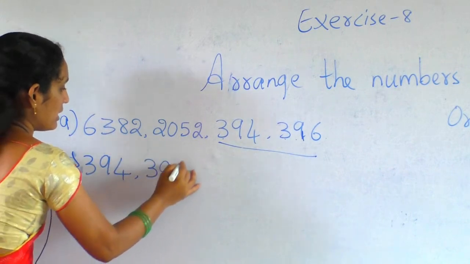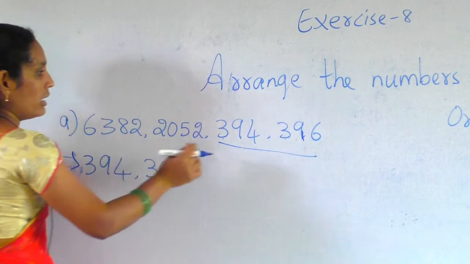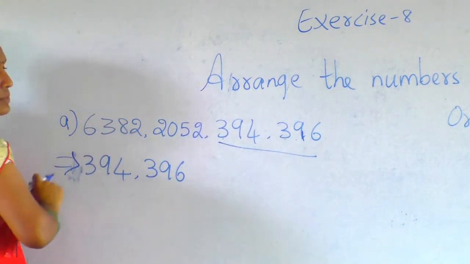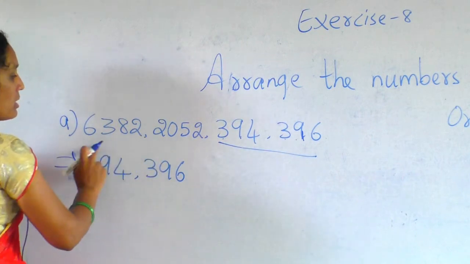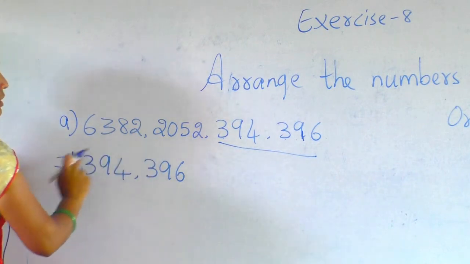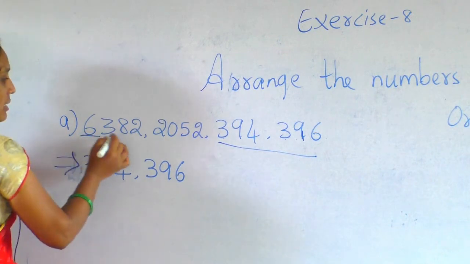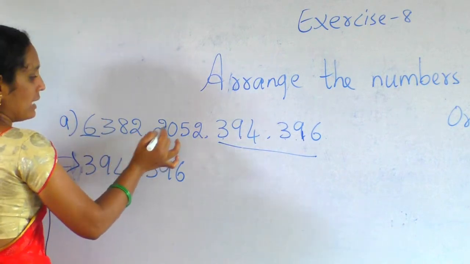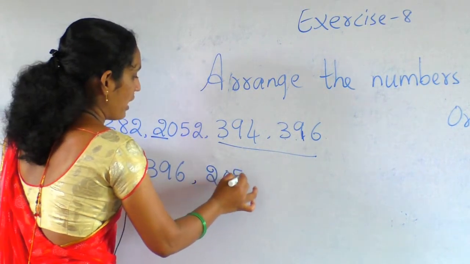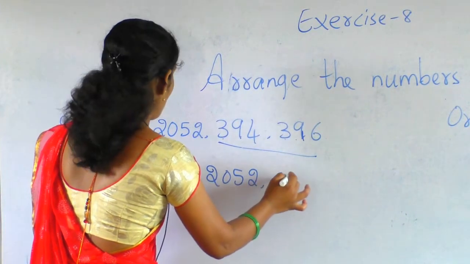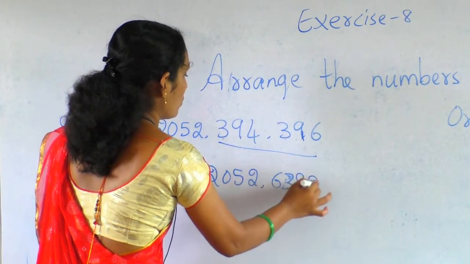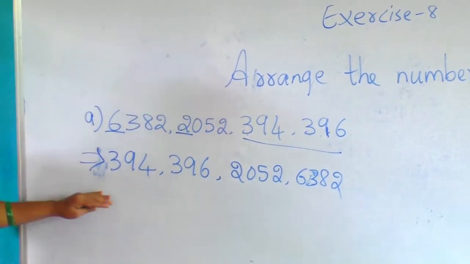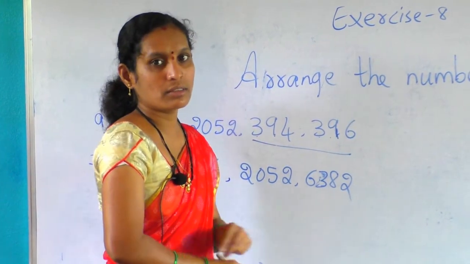Next 396. Okay, this is the first smaller. Next see these two numbers. Which is smaller number? 6 is in thousands place, 2 is in thousands place. So automatically 2052, then 6382. This is ascending order. Smaller number to bigger number.